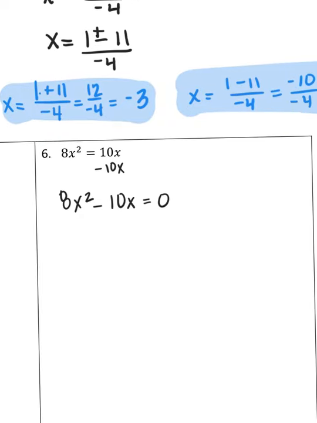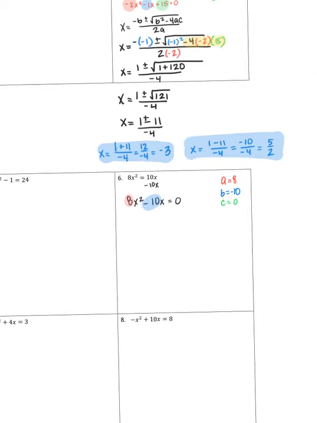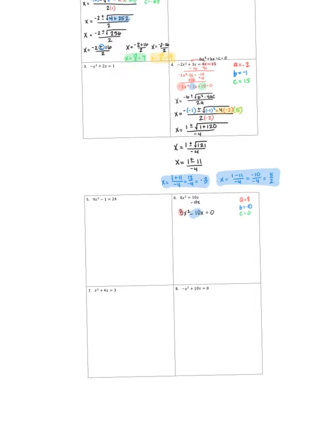So now here's my A, here's my B. And I don't have a C, so my C is 0. So when I write out mine, I have A equals 8, B equals negative 10, and C equals 0. Okay, so now you have the information to set that one up yourself.